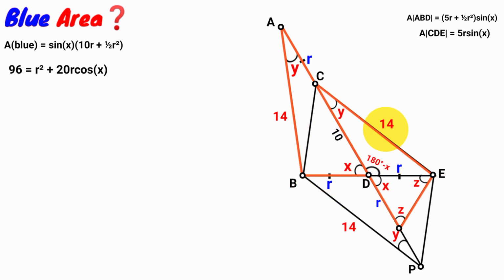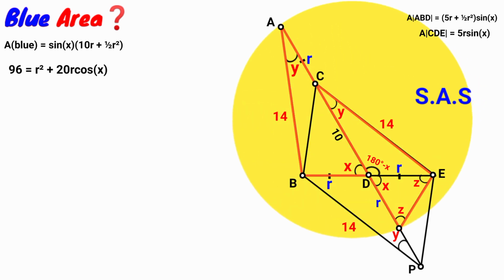The length of this side is 14 units, while that of this side is the sum of this 10 and this R, which is 10 plus R. And this angle between them is also Y. That fulfills one of the conditions for the congruency of two triangles, SAS. So the two triangles are congruent. Therefore, since this side has its length to be R, the length of this side must also be R.